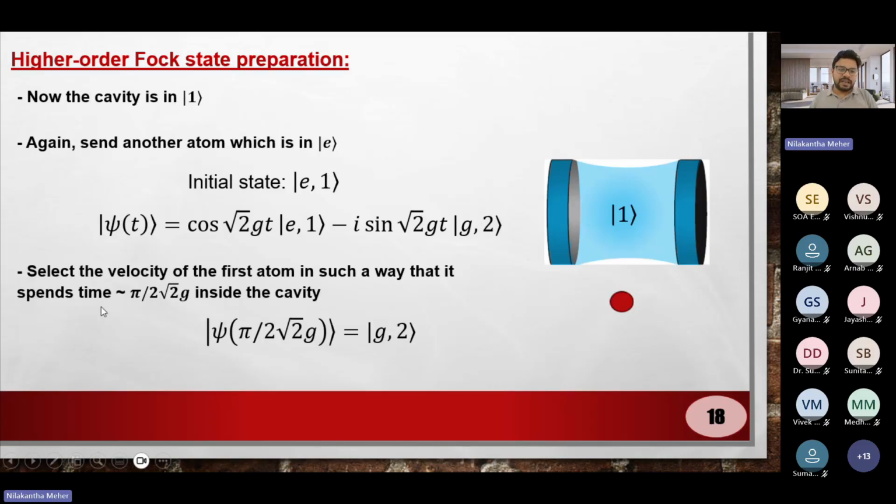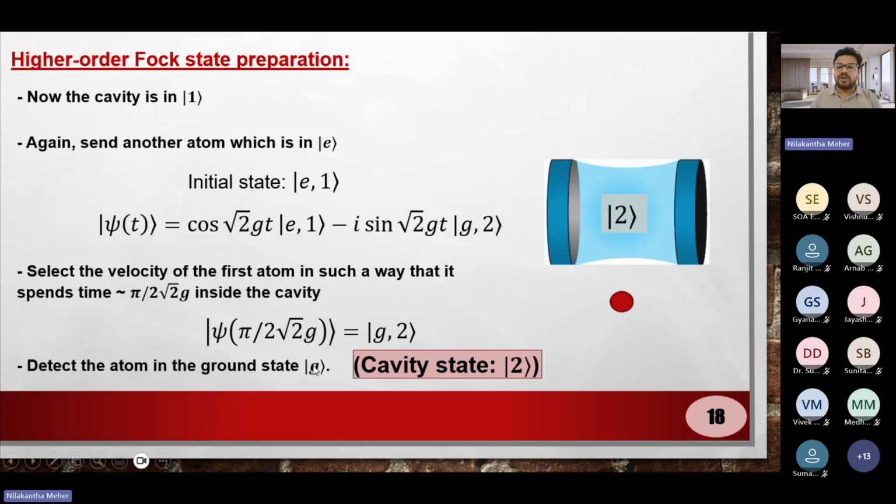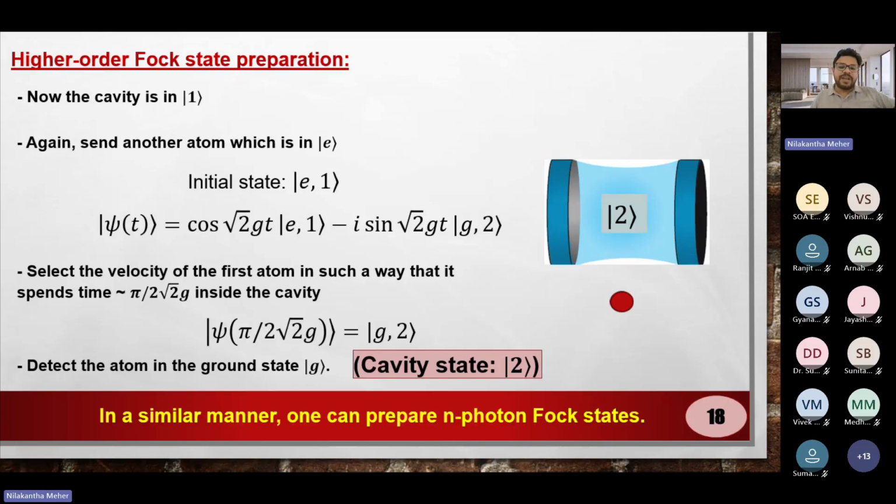Similarly, we can precisely set the time to pi by 2 root 2g inside the cavity, in such a way that the state evolves from E1 to G2 at exactly this time. Again, if you detect the atom in the ground state, then we are sure that the cavity state becomes 2, that is, a two photon state. In this way, by sending many atoms, we can prepare an n photon Fock state using the same procedure.